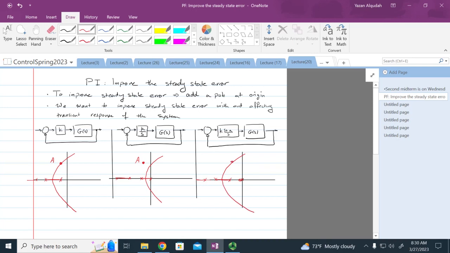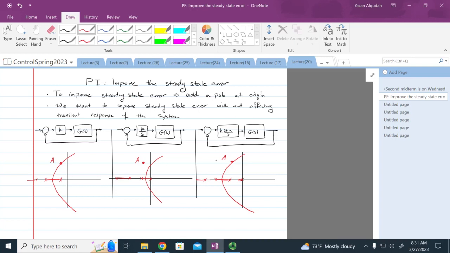And hopefully we are still able to operate at the point A. Does anybody know why? Yes, what else?